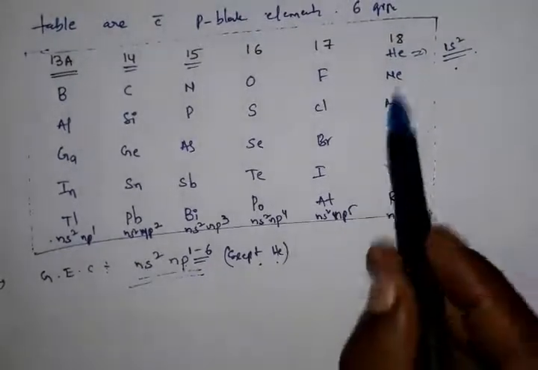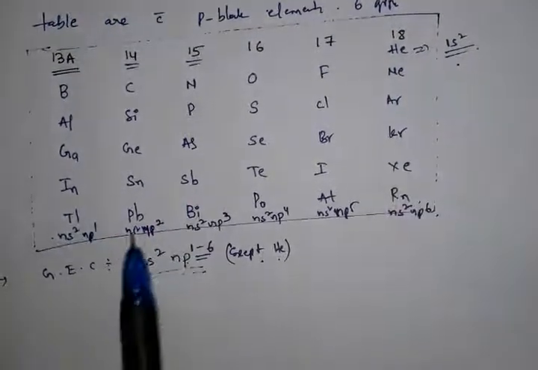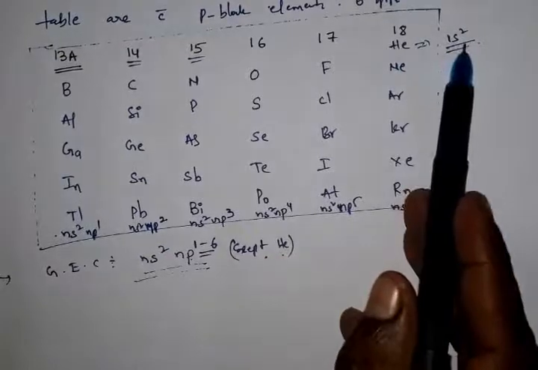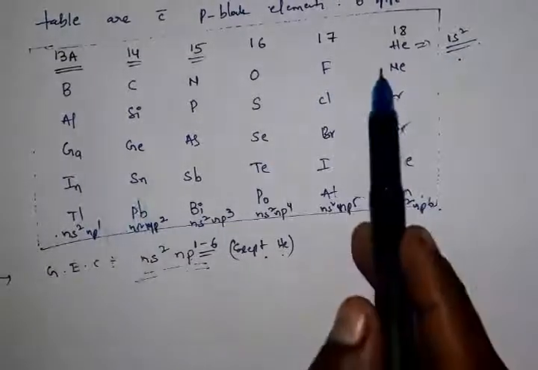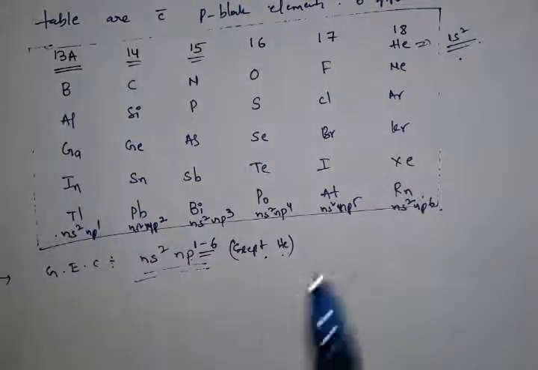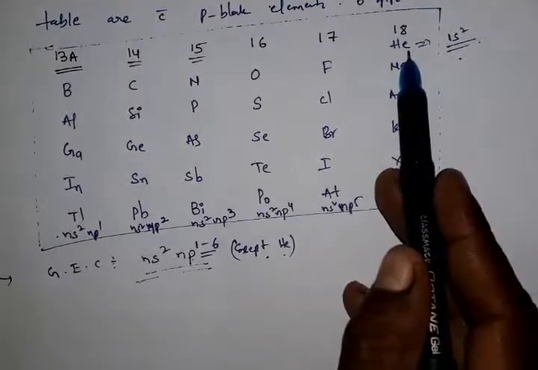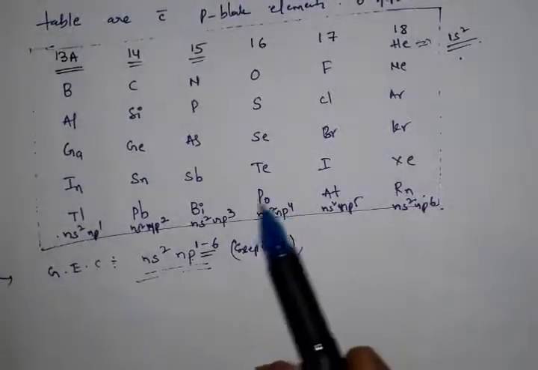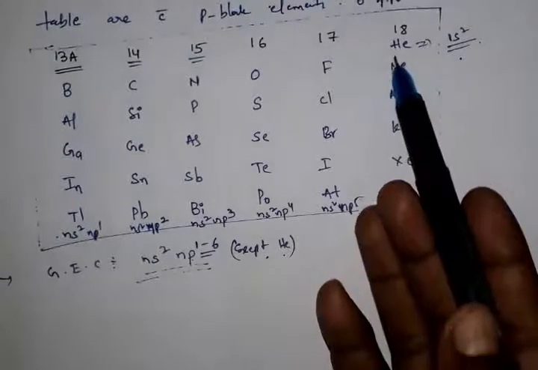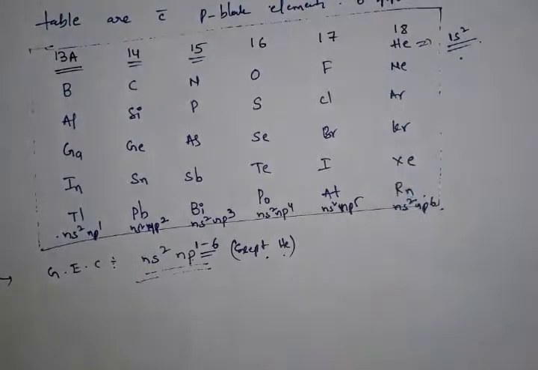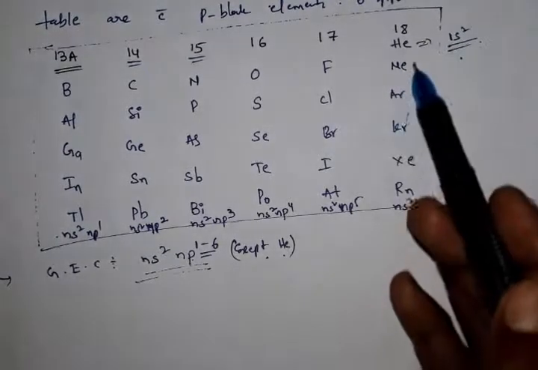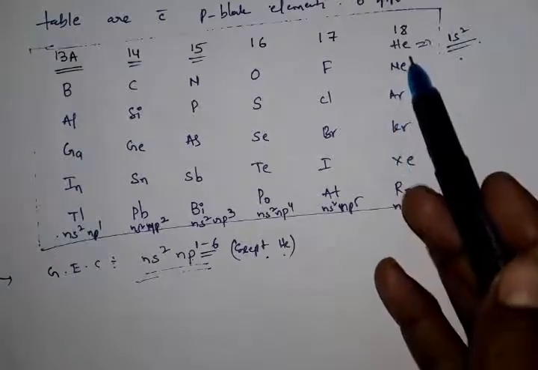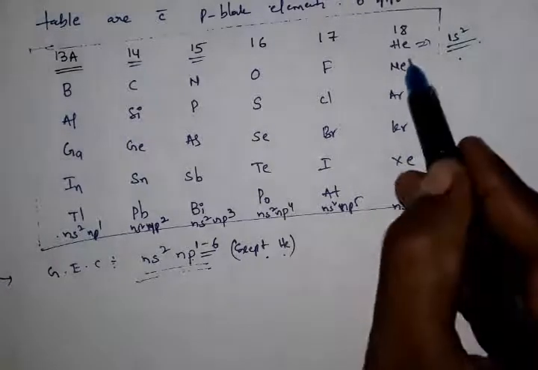Although helium does not have p orbitals, it is a p block element because the properties of helium are the same as those of the 18th group elements.